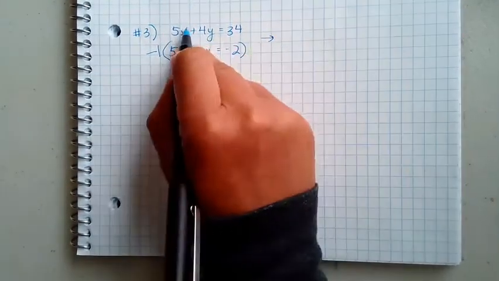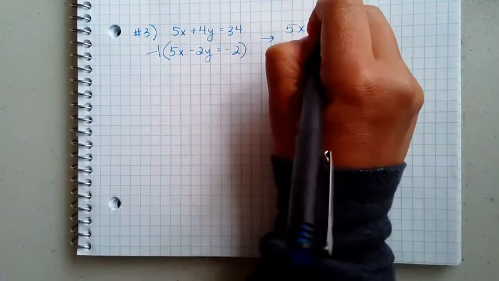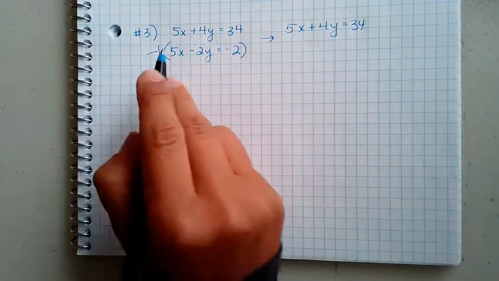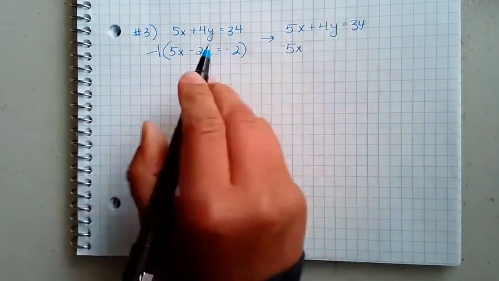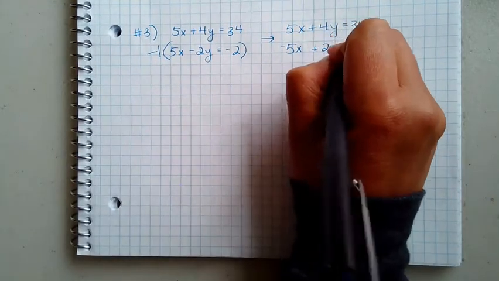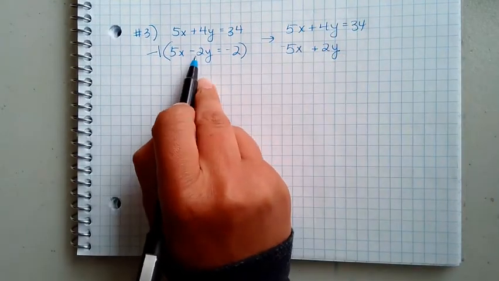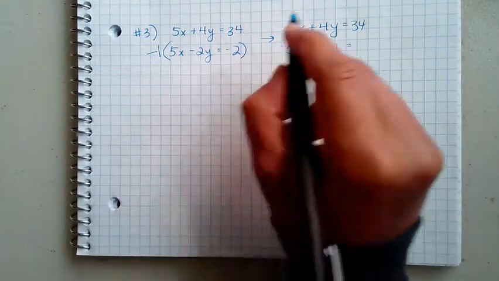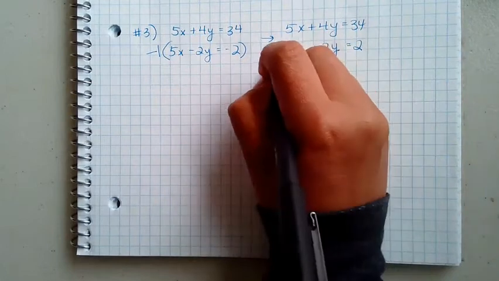So when I do that, this equation stays the same. In this equation, if I take the opposite of 5x, I get negative 5x. If I take the opposite of negative 2y, I get positive 2y. You can also think of this as the opposite of subtracting 2y is adding 2y. And then the opposite of negative 2 is positive 2.